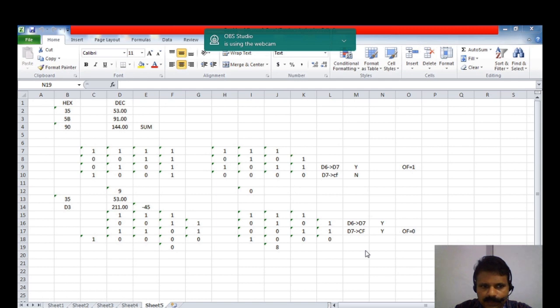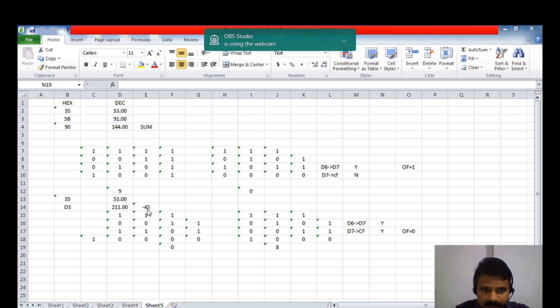This is how the overflow flag works. We have performed the addition 35H plus D3H. In signed arithmetic, 35H represents 53 in decimal and D3H represents minus 45 in decimal.